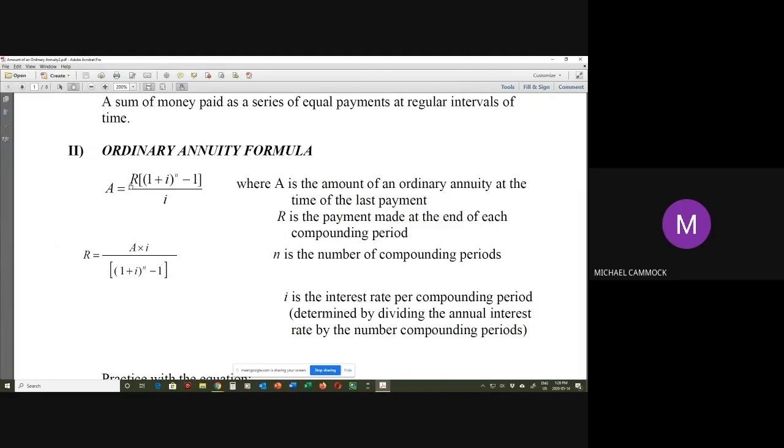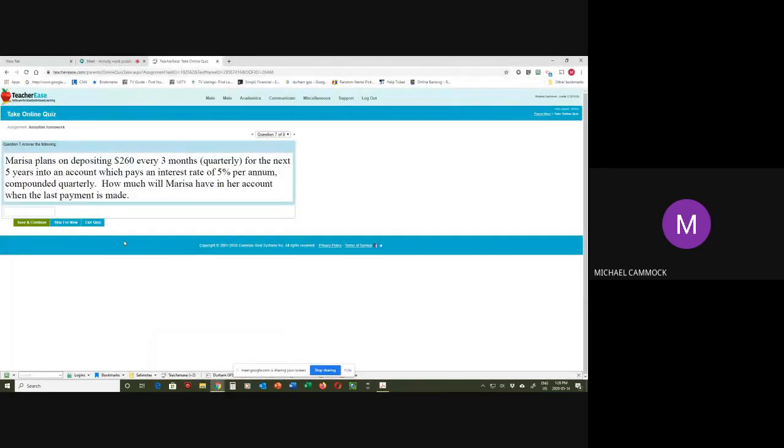Equation 1 tells us that if I am putting in a certain amount of money every month, every 3 months, whatever the interval is, here's how much I'm going to have at the end of the day. So this one tells me how much I'm going to have at the end. This one tells me how much to put in to get to the amount at the end. Let's go back to the question again.